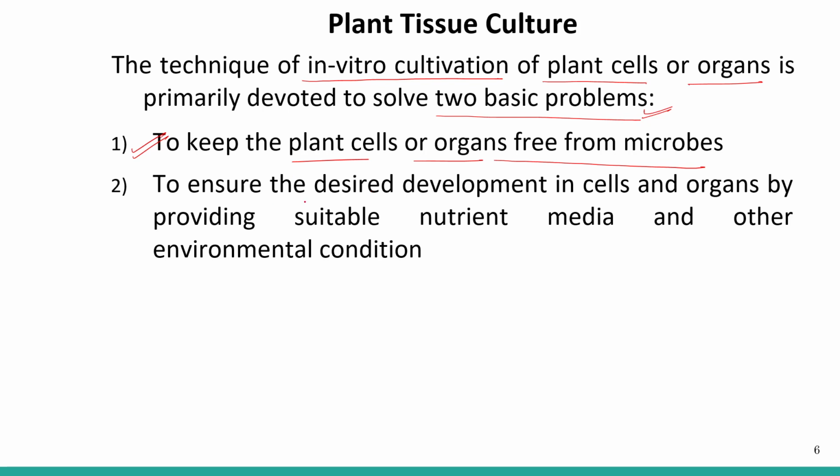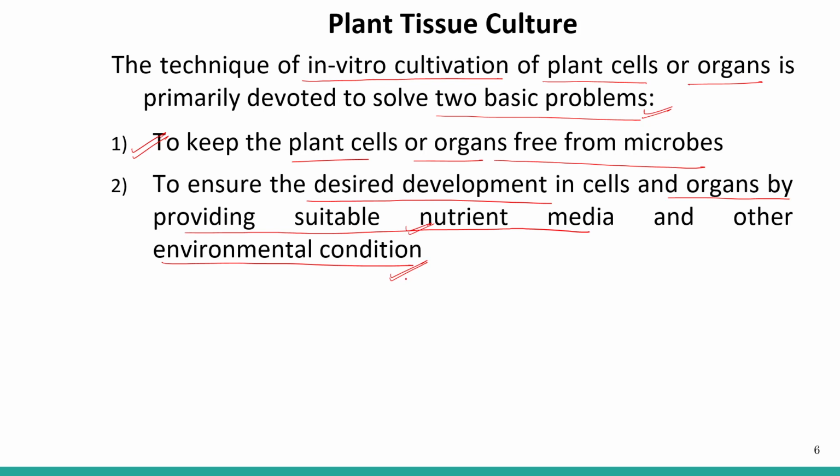Second, to ensure the desired development of cells and organs by providing suitable nutrient media and other environmental conditions. You have to provide a suitable nutrient media for the cell or tissue culture, and you have to provide suitable environmental conditions, such as temperature and light, whatever is required for in vitro cultivation.